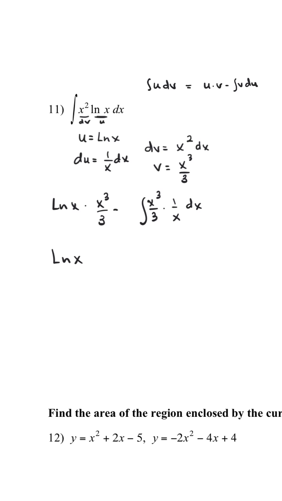So I'm going to go ahead and clean this up just a little bit. I'm going to take this 1/3 right here and move it in front of the integral sign. And then x to the third divided by x is just x squared.